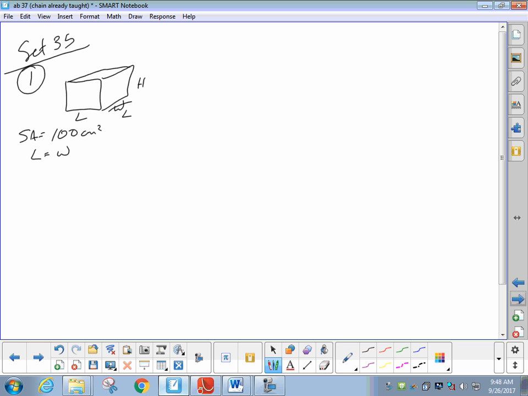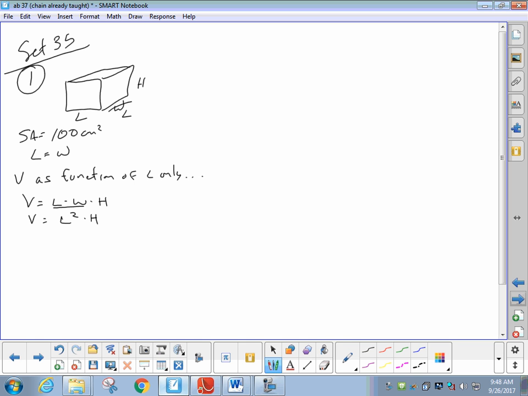It's a square base. They want the volume of the solid as a function of L only, which is really just laying the foundation for a calculus problem called optimization. Volume is normally length times width times height. Because width and length are the same, I could change it to length squared times height.